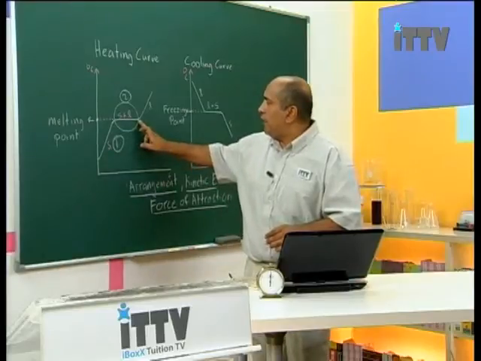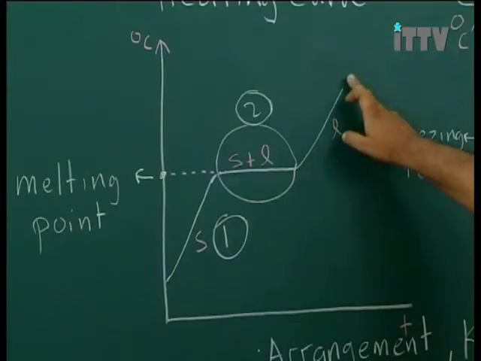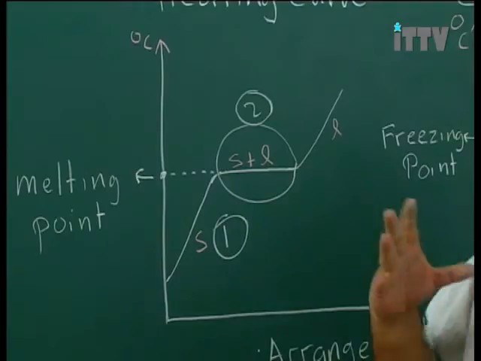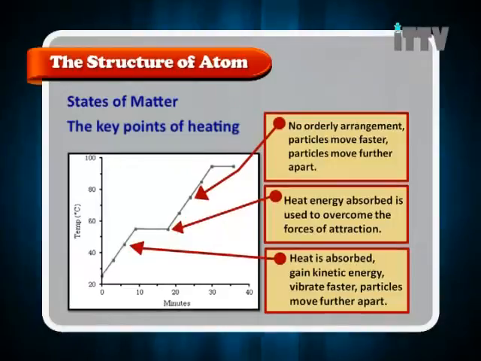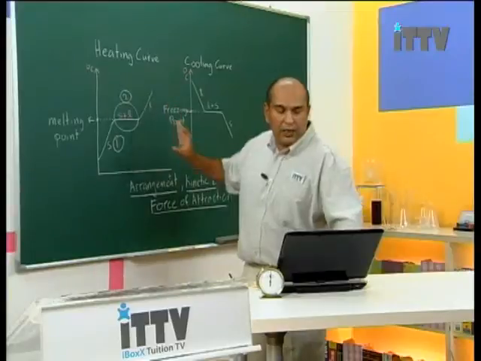Once we've reached this point, now we need to start dealing with this area here. So let's go back to the slide. No orderly arrangement. Particles move faster, particles move further apart. So if we come back here to the board, this is the area now that we're talking about.